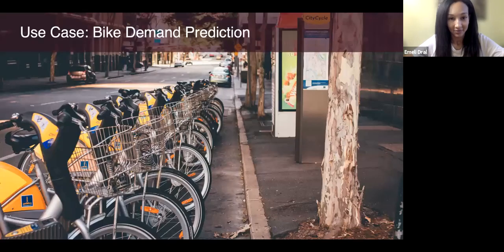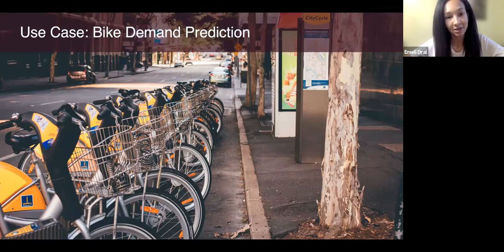So I'm going to move to the demo, because I believe everybody already wants to see how to build something using Python. So I'm going to do it right now. Just to mention that for the demo, we are going to use a publicly available dataset, which is bike demand prediction.